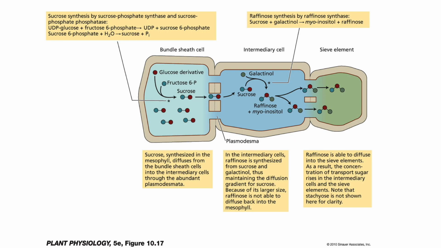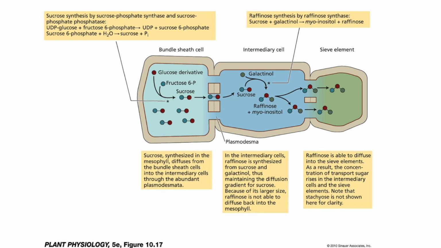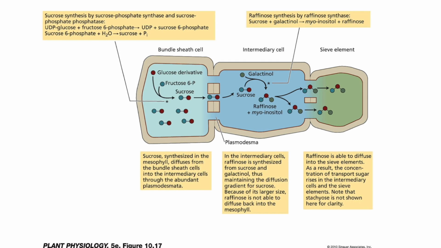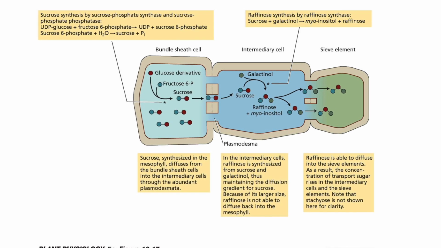And another mechanism of phloem loading using intermediary cells, there's another system that has been documented that involves the synthesis of sucrose, which occurs in the mesophyll cells. And that sucrose is then transported into the intermediary cells, where the sucrose is utilized with galactinol to produce raffinose.